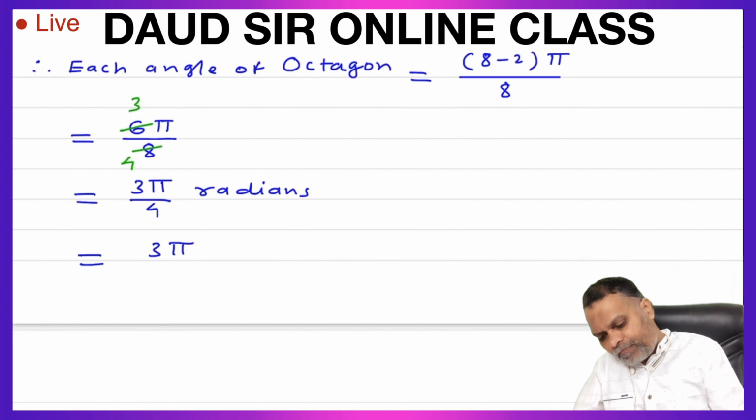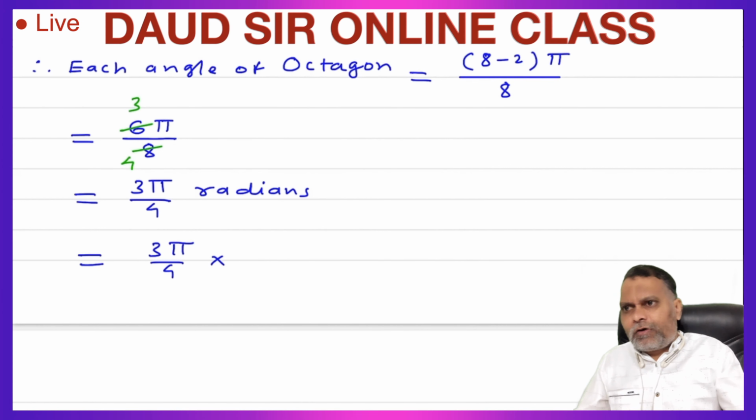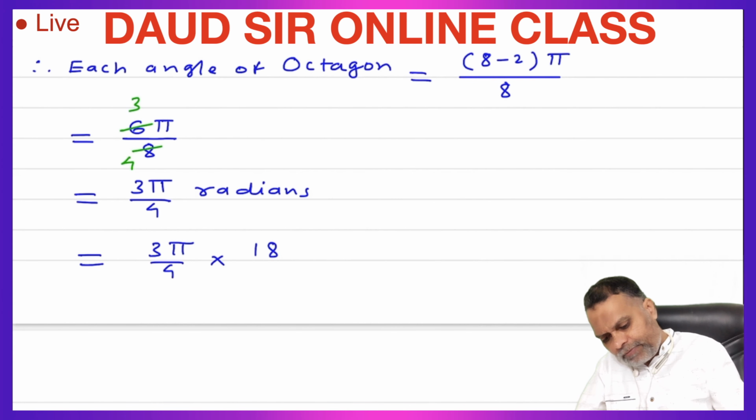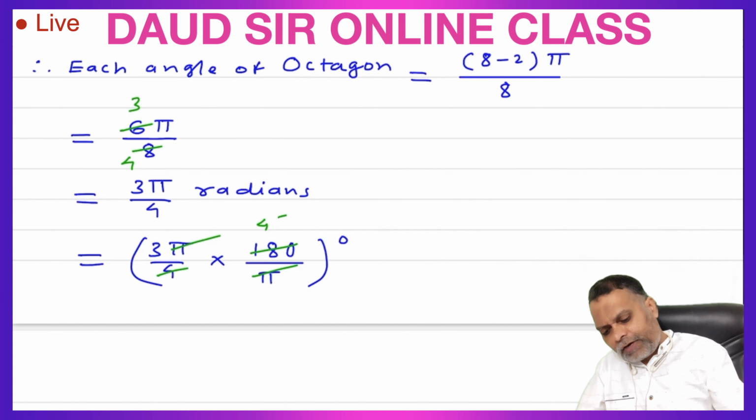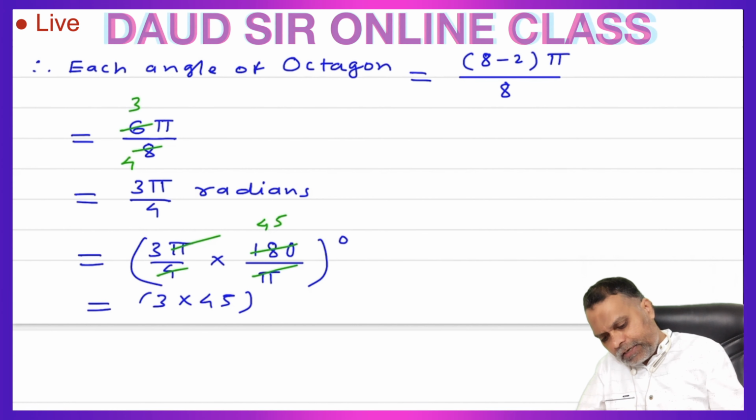Now convert this radian into degree. 3 pi by 4. Pi radian is equal to 180 degrees, so 1 radian is equal to 180 by pi degrees. So multiplying by 180 by pi, this pi cancelled. 4 1s are 4, 4 4s are 16, 4 5s are 20, which is equal to 3 into 45 degrees.